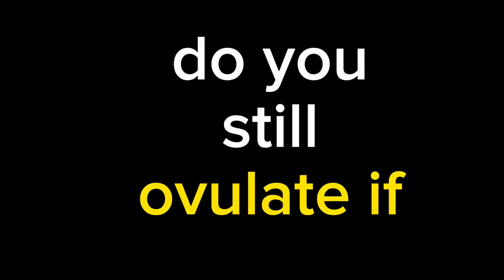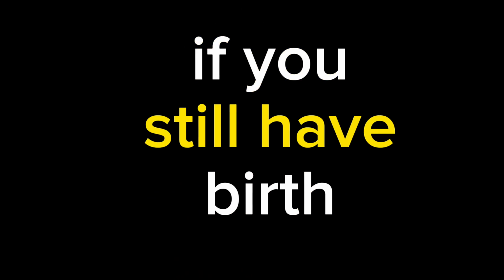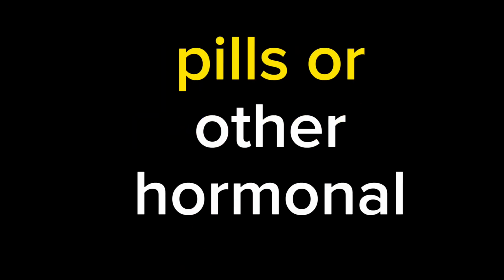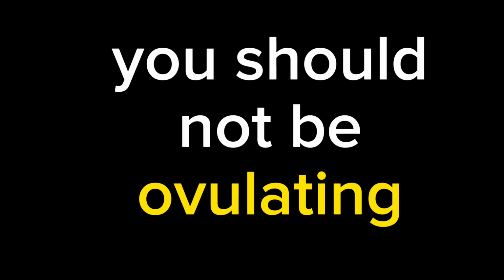Do you still ovulate if you have birth control? People usually ask about that a lot. No. If you are taking birth control pills or other hormonal contraception as directed, you should not be ovulating.